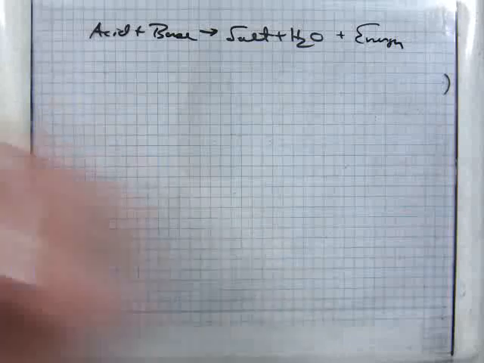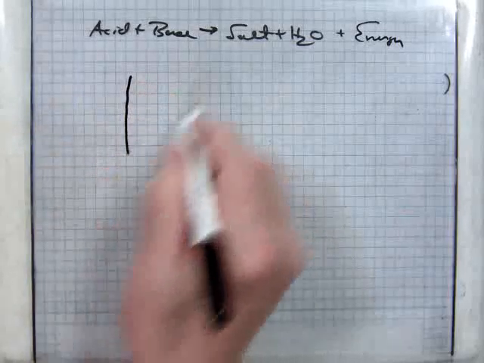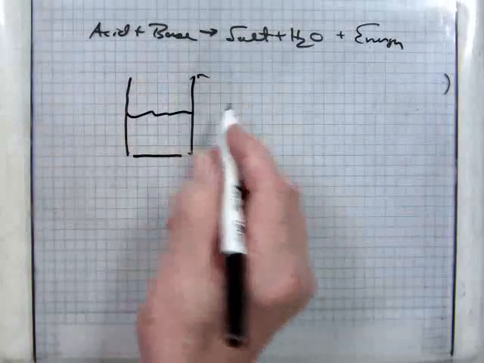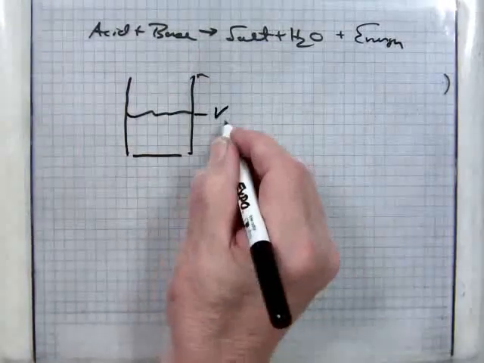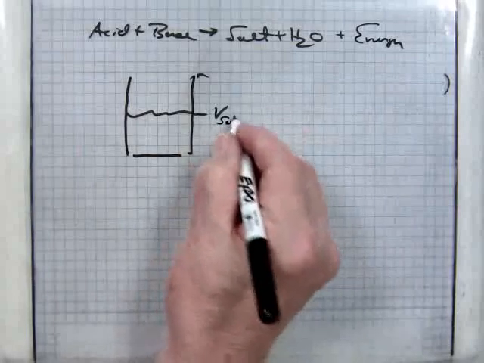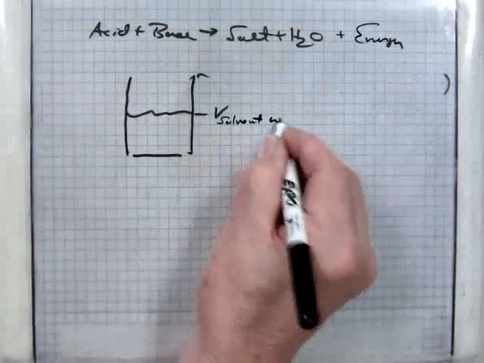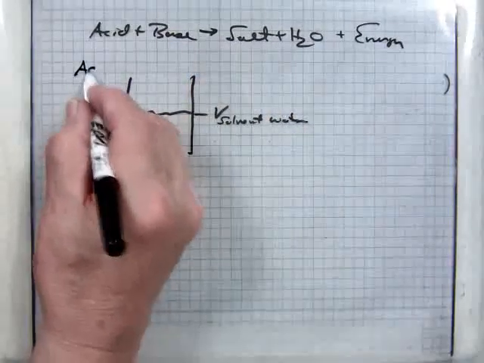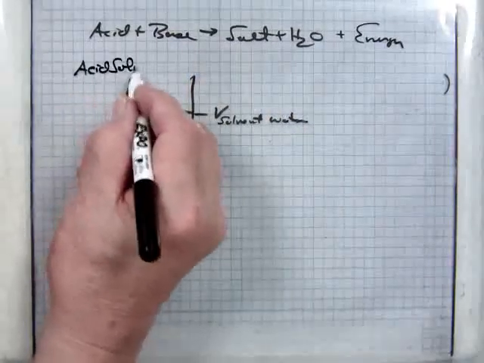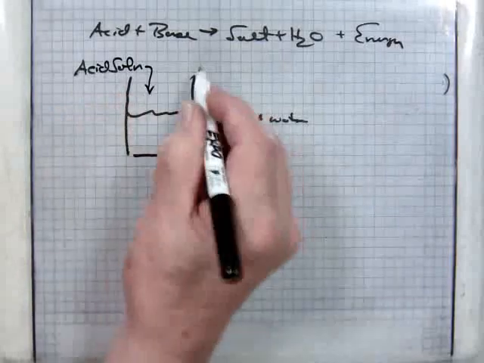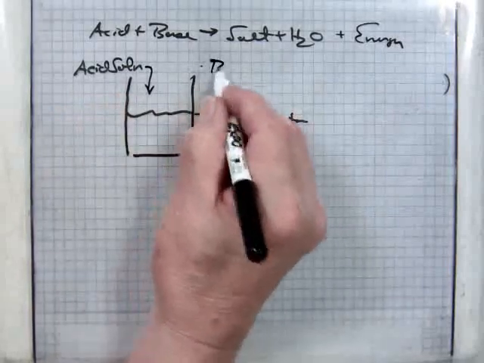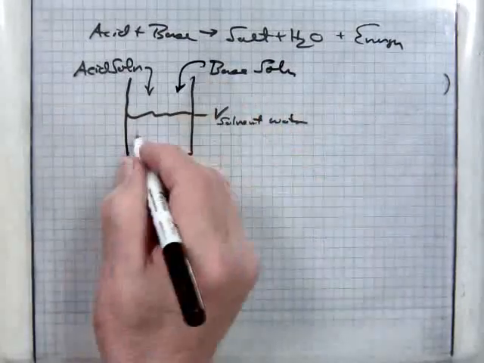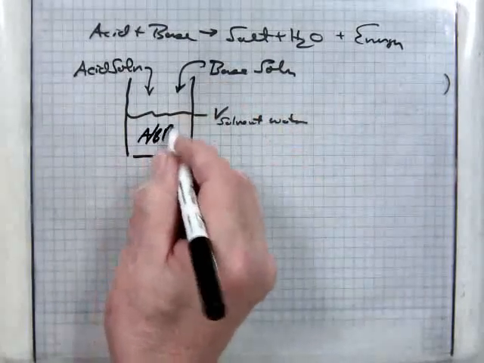Well, if you have a container of solvent water, volume of the solvent, right here, and then you have the acid solution, you pour that in, and then the base solution, and you add that in, you get the A-B reaction.